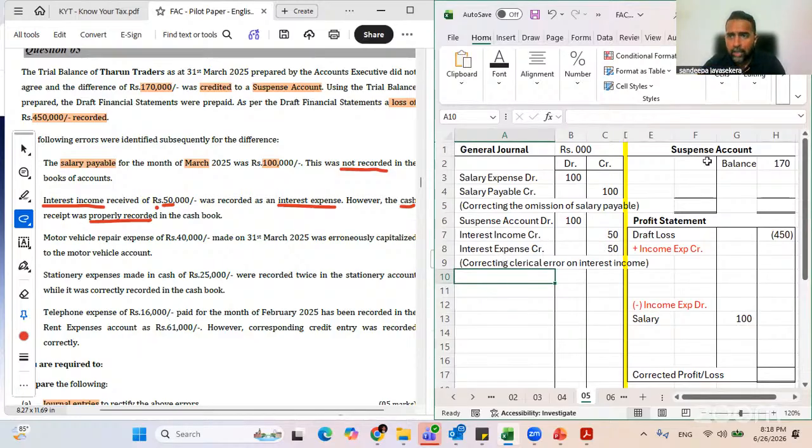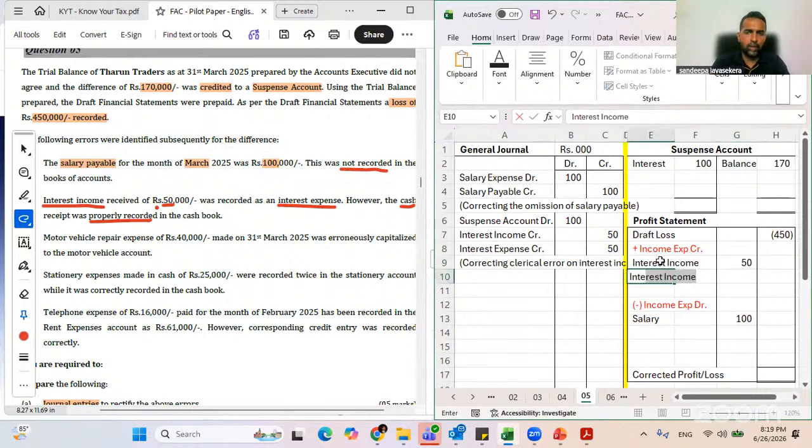So the suspense gets debited 100, and both are getting credited. So interest getting credited. Credit means you're adding 100. So what I can put as two items: interest income 50, sorry, interest expense 50.